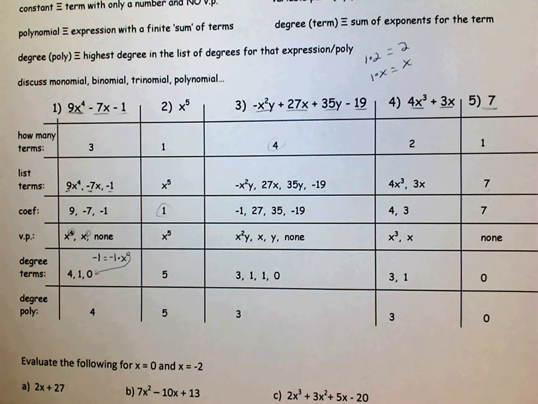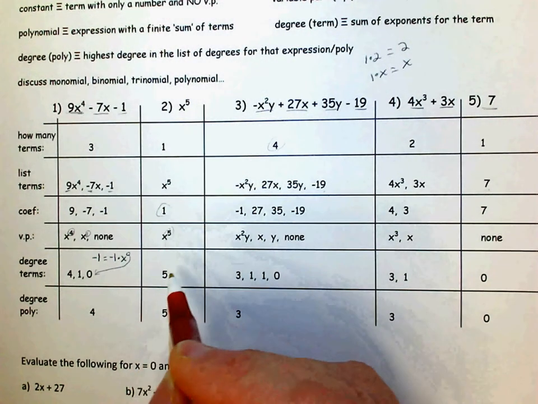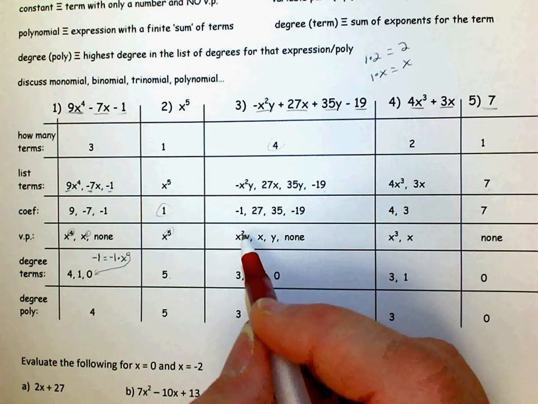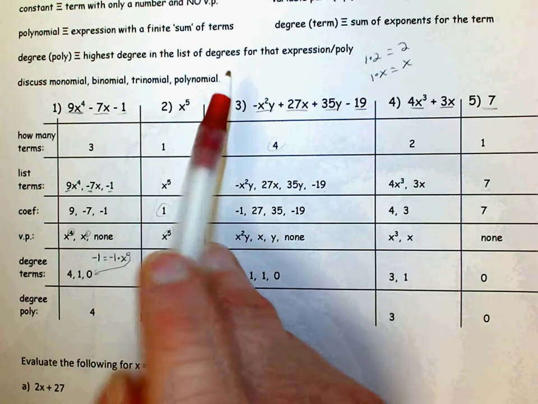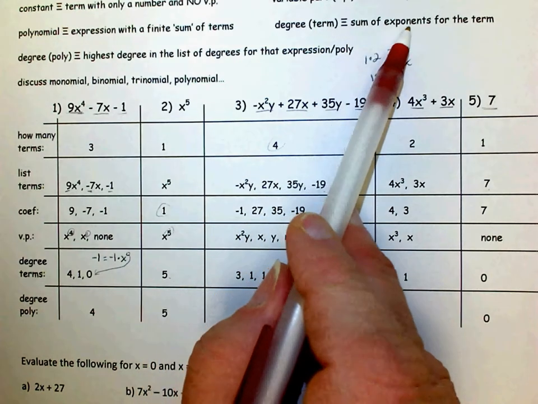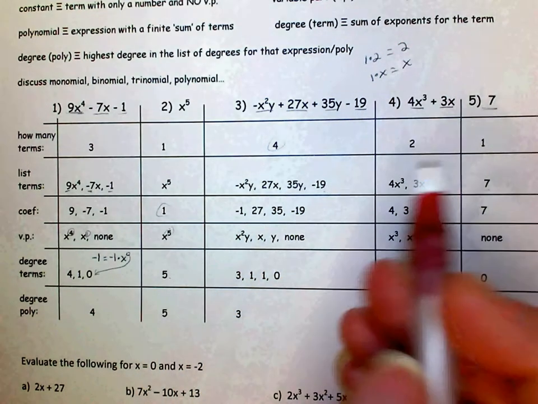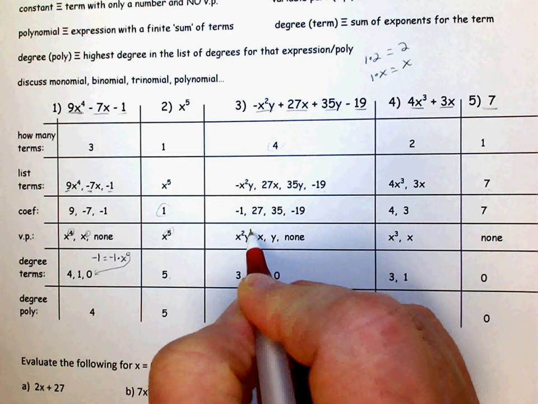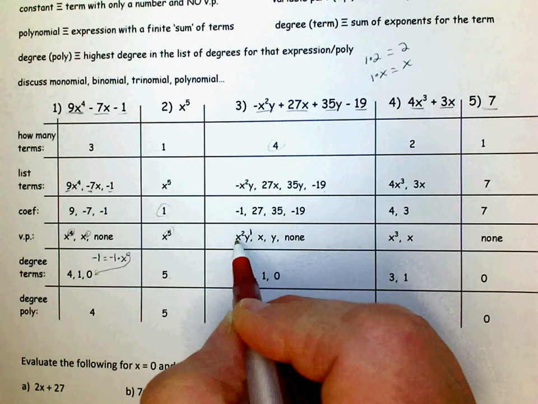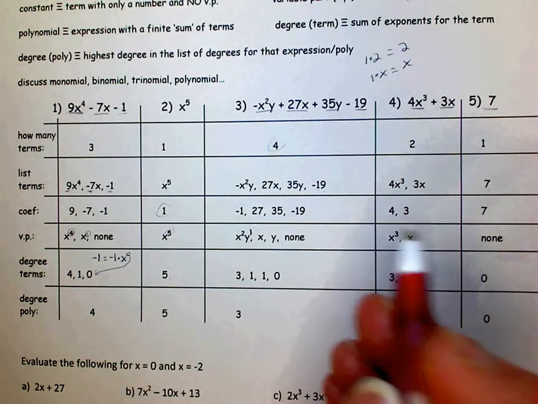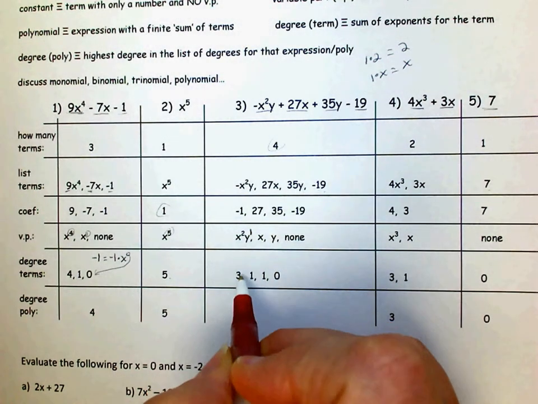And then on x to the 5th is 5. Now remember, degree of a term is the sum of your exponents. This has two different bases, so it has two different exponents. So 2 plus 1 gives us a 3.